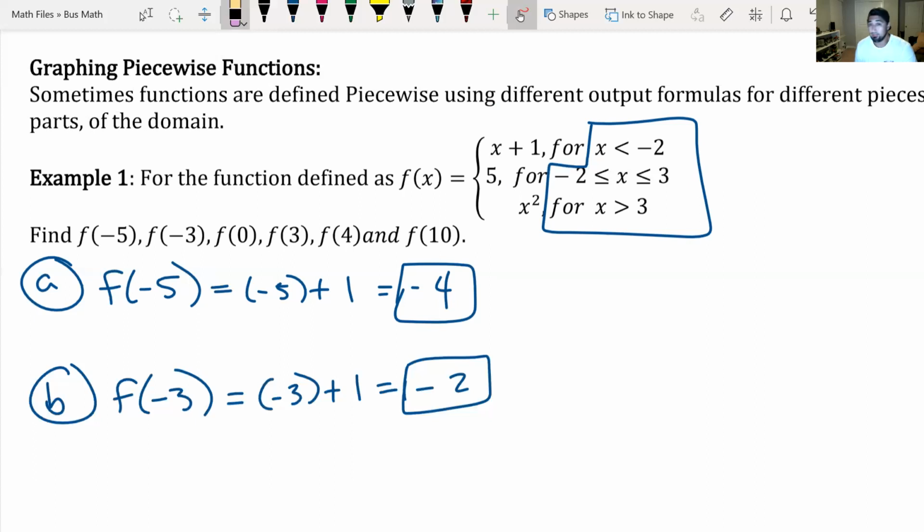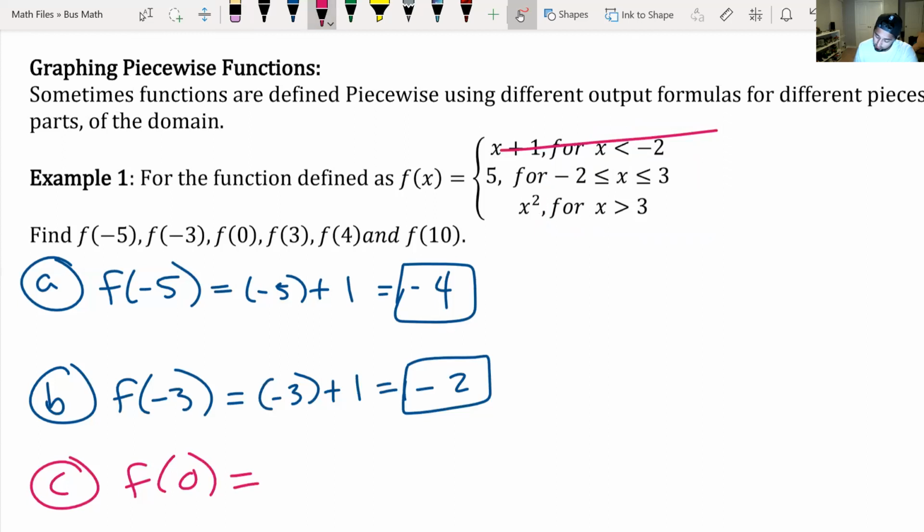Okay, again. C. F of 0. So when x is 0, we need to check our restrictions. Is 0 less than -2? That answer is no. So we can't use the first function. So then we check the next one.